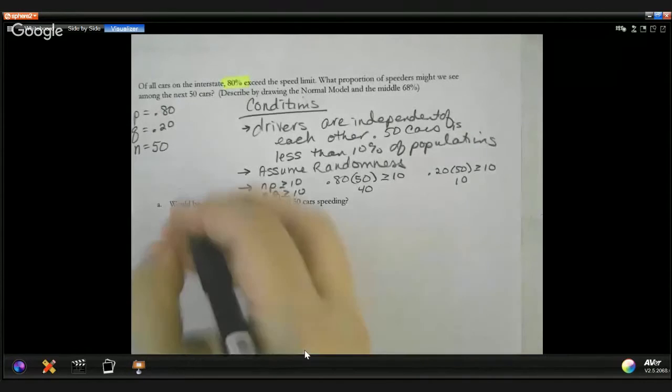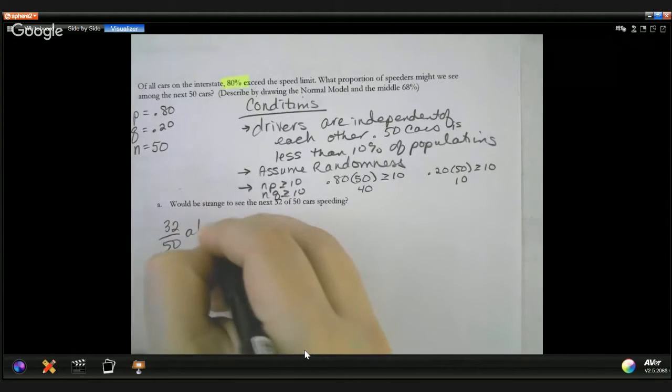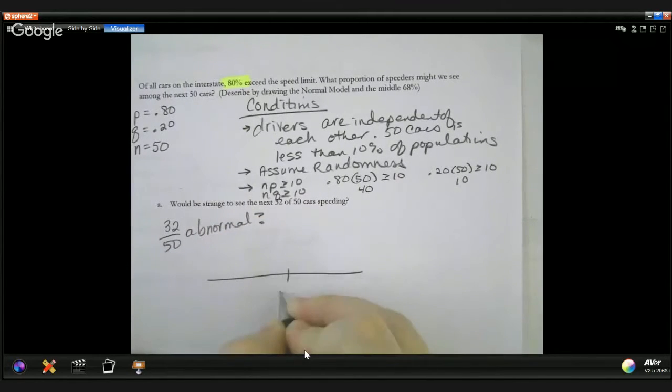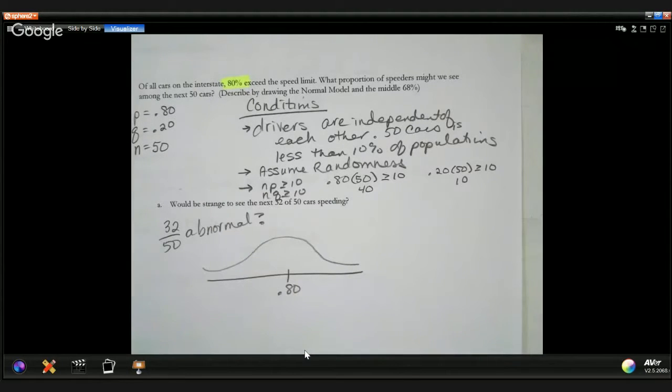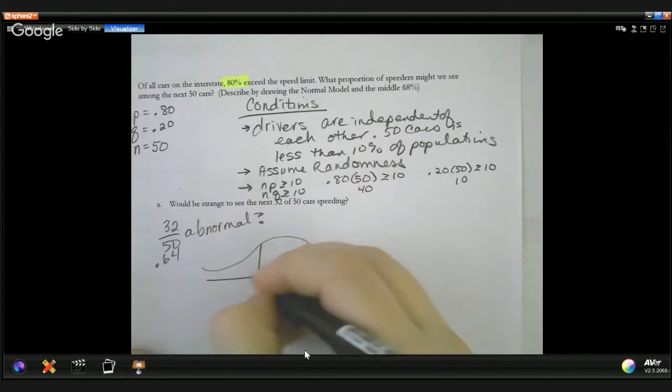Well, we're trying to find out if 32 out of 50 is abnormal. Well, let's do our mean. Here's 80. So I need to figure out what 32 out of 50 is. 32 out of 50 is 64%.